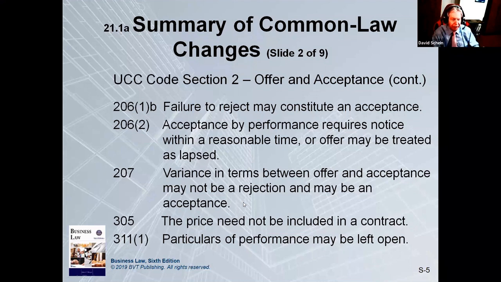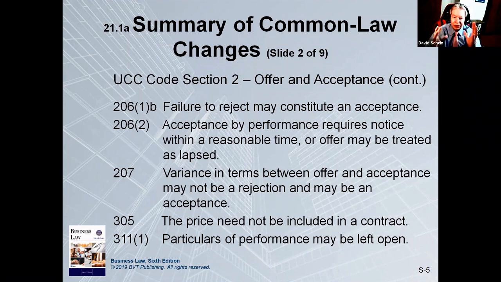And then the variance in the terms between the offer and acceptance may not be a rejection and may be acceptance. Now, here's a critical element with regard to Section 207. In common law, remember we talked about the mirror image rule.